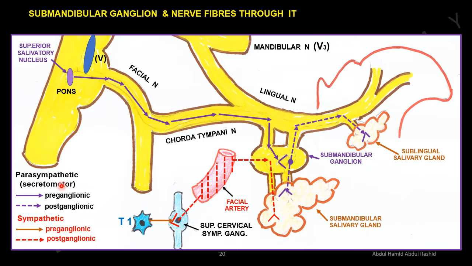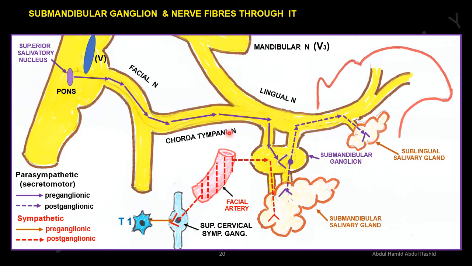The parasympathetic, that is secretomotor system, begins from the nucleus in the pons, that is the superior salivatory nucleus. The nerve fibers come out, look here, as a continuous arrow. That means preganglionic fibers, not synapsed at the ganglion yet. It comes out along the facial nerve, chorda tympani nerve, lingual nerve, and enters the submandibular ganglion.